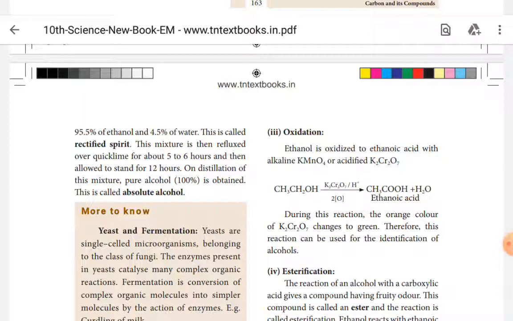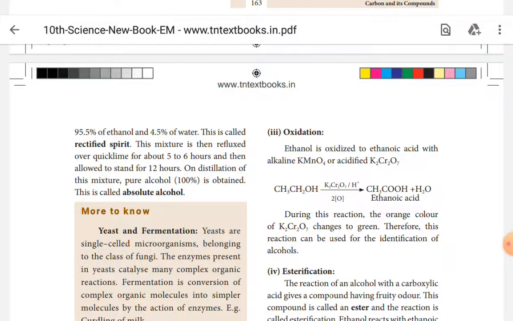It is refluxed for 5 to 6 hours, then allowed to stand for 12 hours, and then continuous distillation of this refluxed mixture gives pure alcohol, 100% pure alcohol. This is called absolute alcohol.